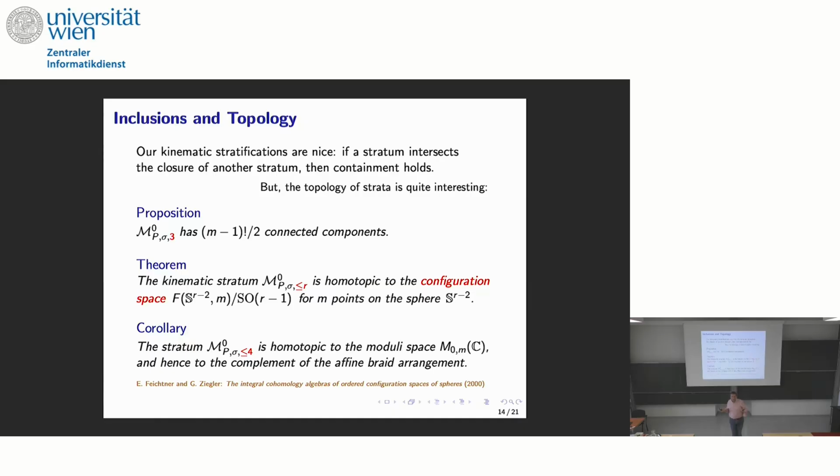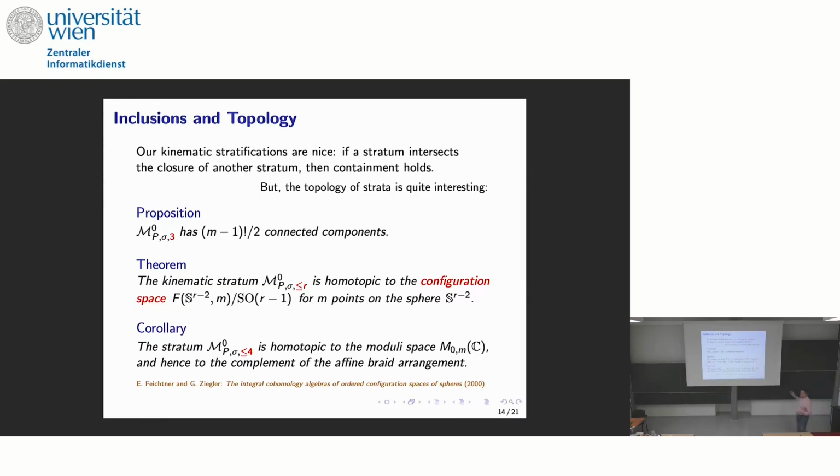We can think about the sphere as the Riemann sphere, might as well. Then the stratum is homotopic to the moduli space M_{0,m}(C). So this is configurations of m labeled distinct points on the Riemann sphere, the favorite moduli space of every algebraic geometer, and hence to the complement of the affine braid arrangement.